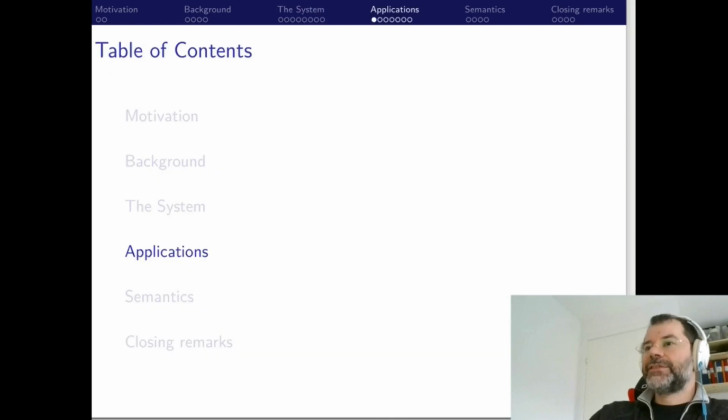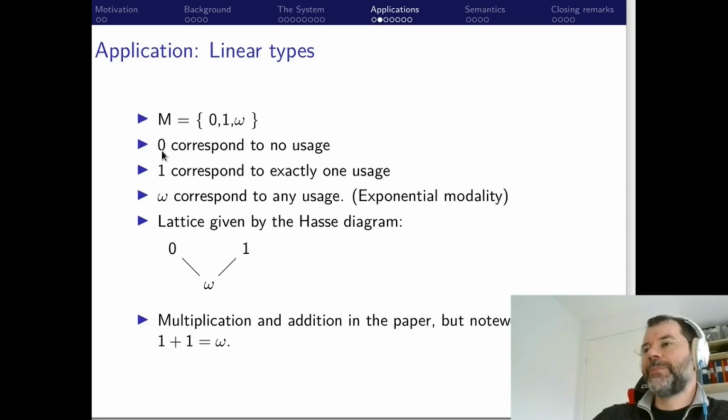We can instantiate the structure to various special cases and obtain several useful systems in this way. First, we can do linear types. 0 and 1 act as you'd expect. We just need to add the modality omega to support unrestricted usage. That's the bang modality in linear logic. The rest of the structure is as you'd expect, and omega is acting as a catch-all value.